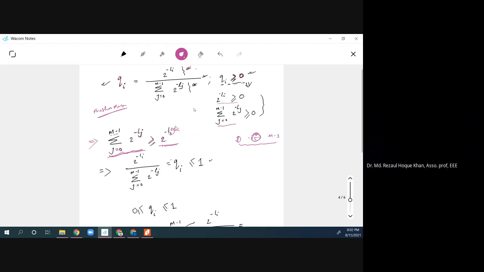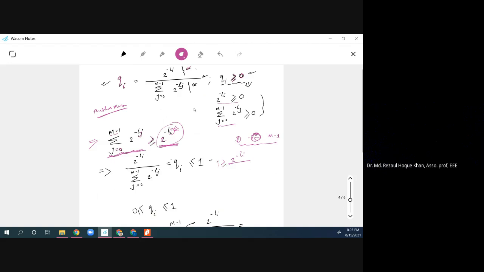Okay. So 2 to the power minus Li, this part now goes to the other side, so I can rewrite it. How does it look? I am writing 2 to the power minus Li, like this one.